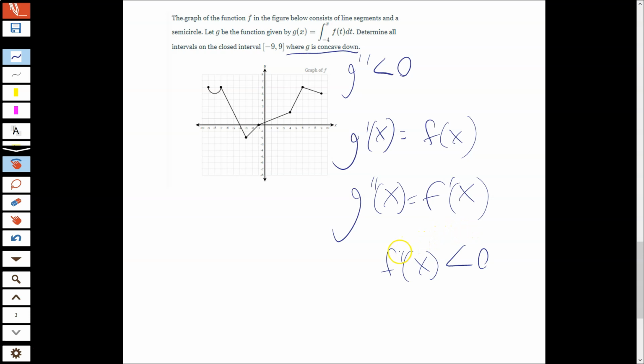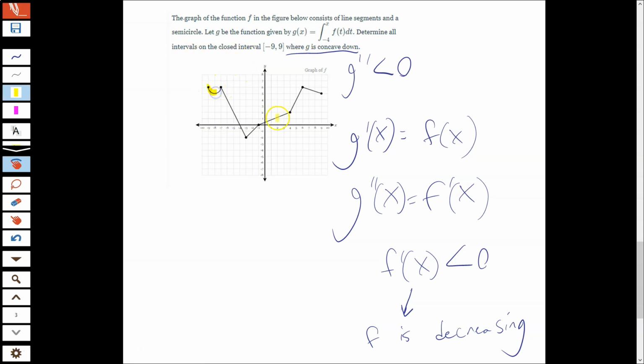F prime is less than 0. So it's not where the graph is less than 0 because the graph is f and not f prime. F prime is less than 0. This means that f is decreasing. So we want all the intervals where f is decreasing. So that's anywhere we're going downhill on this graph.